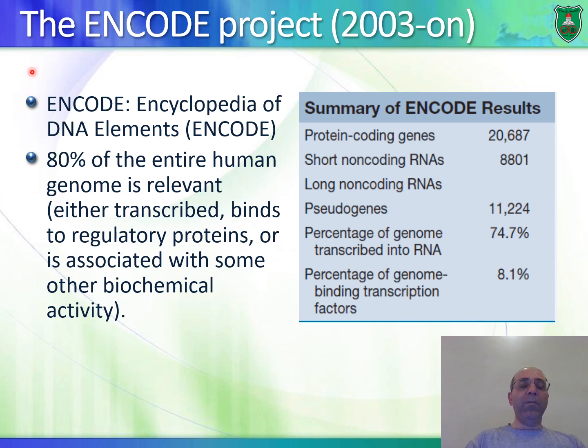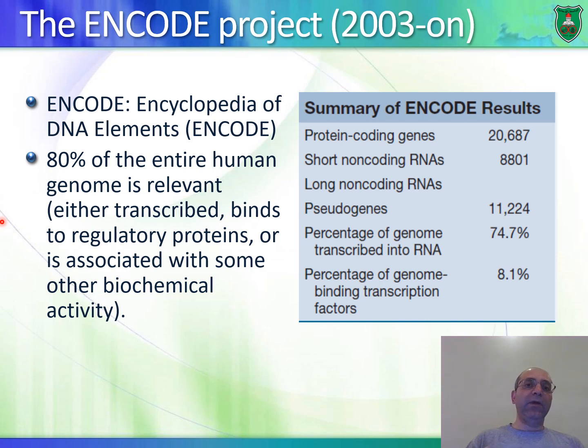Now, a major outcome of the ENCODE project so far is that they found that 80% of the entire human genome is relevant. They thought that only 2% of the human genome is important, and the other 98% is junk DNA.